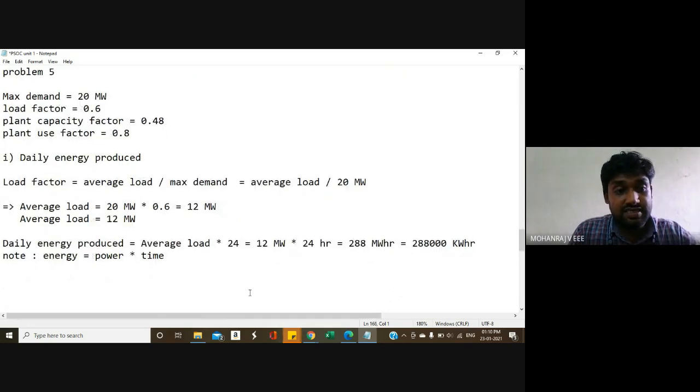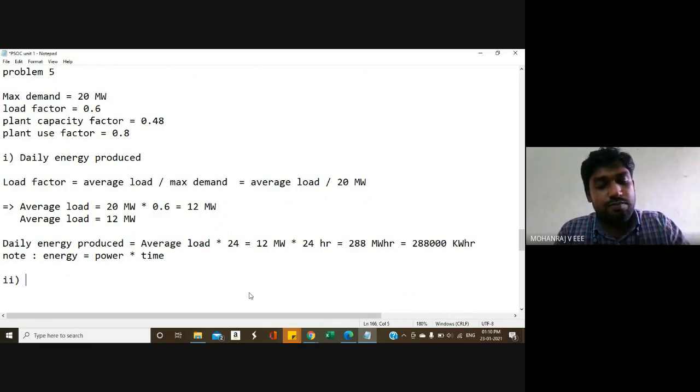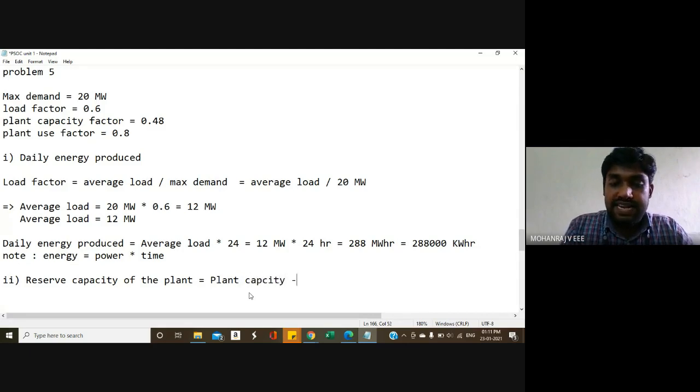The next unknown we have to calculate. They ask us to find the reserve capacity of the plant. What is the formula to find the reserve capacity of the plant? The formula is plant capacity minus maximum demand.